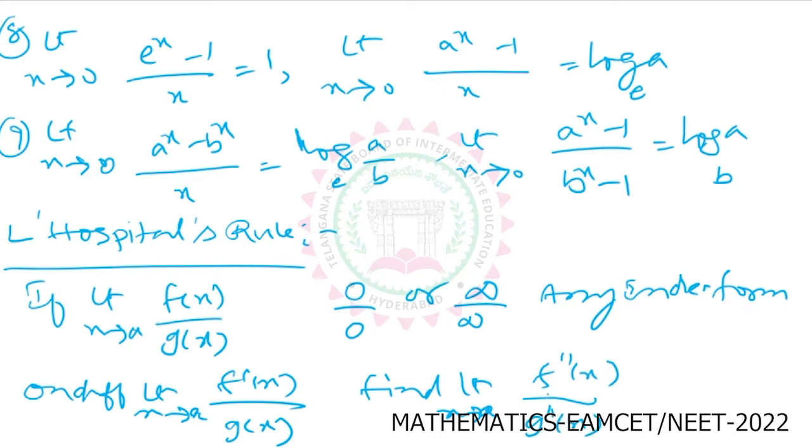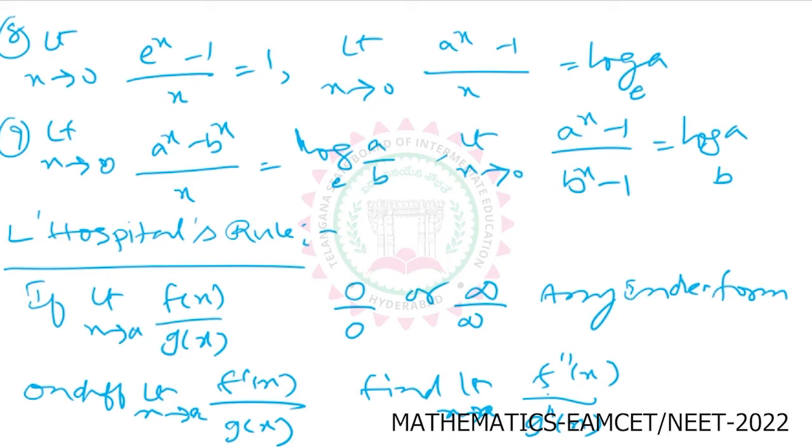Suppose on substituting the limit I am getting again an indeterminate form, then I have to go for f triple dash x by g triple dash x and so on. Okay, so this is the process called L'Hospital's rule. The advantage of this is within 1 or 2 steps only we may get our answer, right?